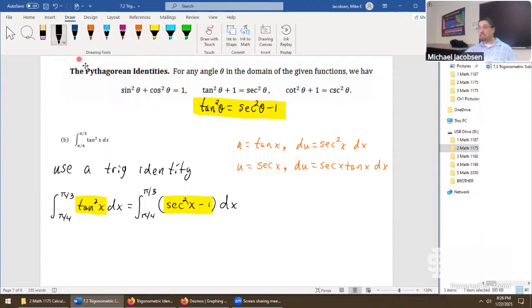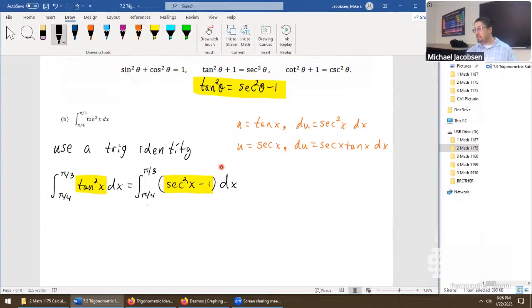So there we've got our trigonometric identity pulled out. Next thing we need is an antiderivative. Anyone spot the antiderivative for the secant squared? Good call. The derivative of tangent is the secant squared. So that's its antiderivative right out of the gate, just tangent x.